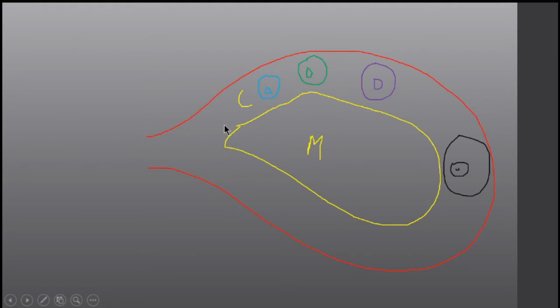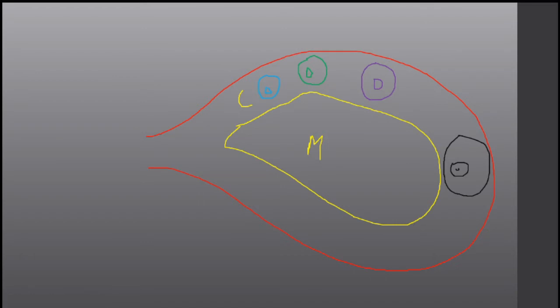Simply, you can see this is the rough sketch of the ovary, and this is the outer part of the ovary, which is called the cortex, and this is the inner part of the ovary, which is called the medulla. Right now we are going to talk about the cortex. The ovarian cortex contains the ovarian follicles in its different stages.